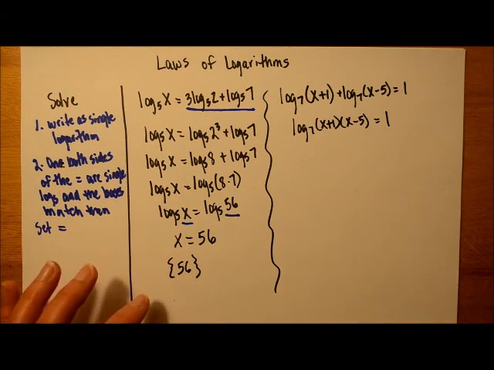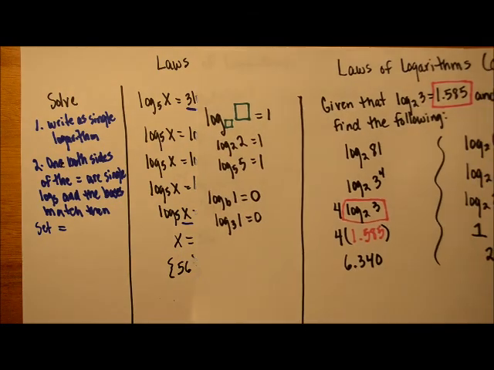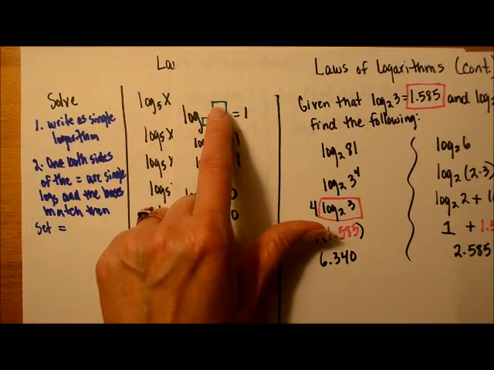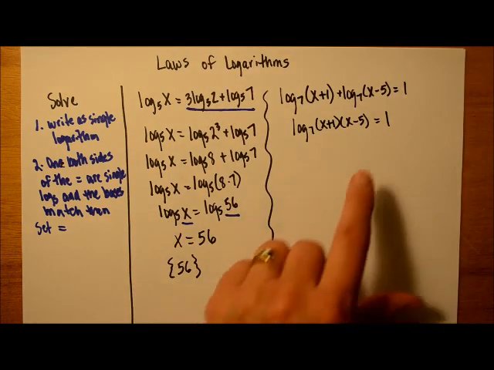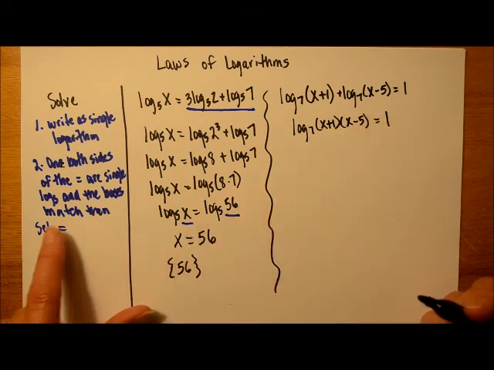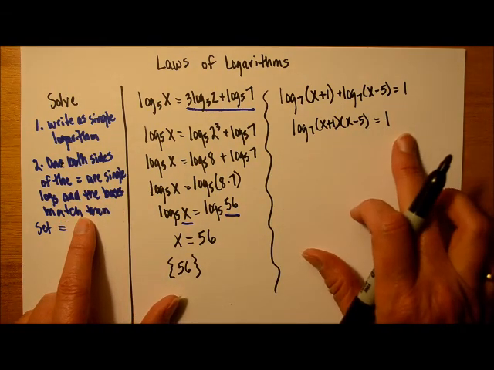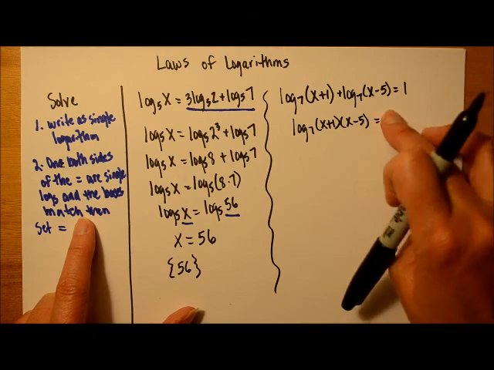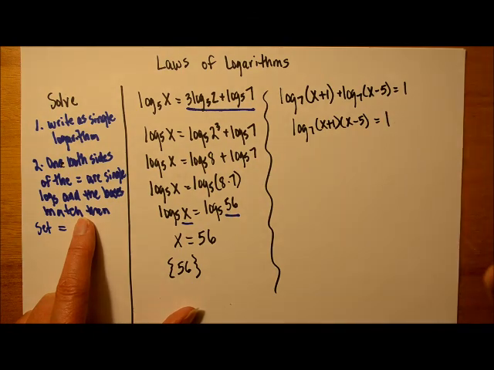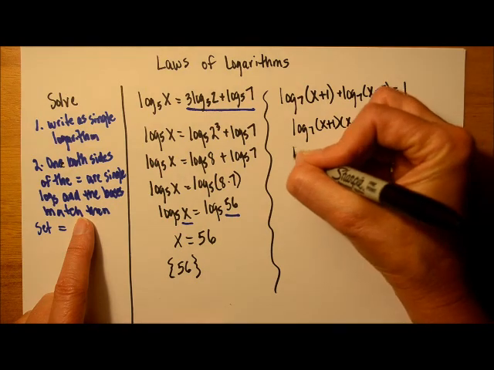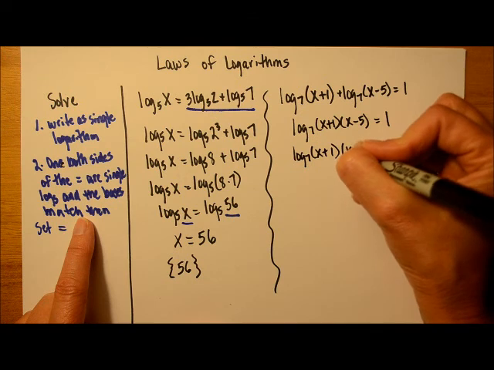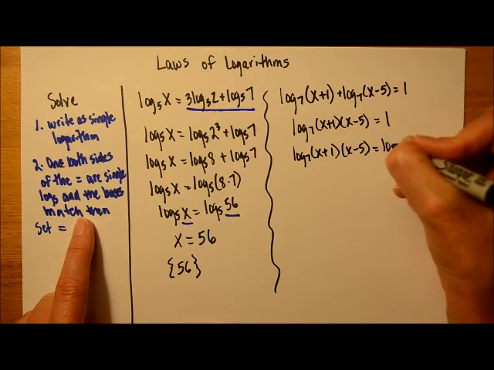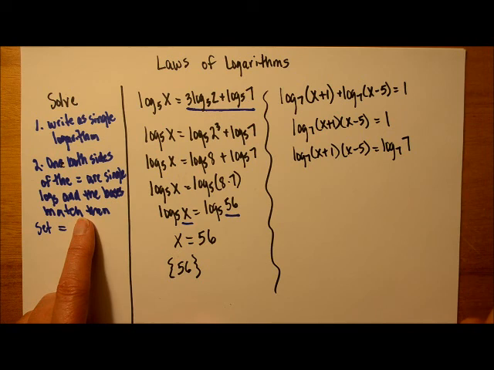I told you, though, and I'm going to bring back in some old notes here, that when these match, it equals 1. Well, right here I have a 1, but I need the bases to match here on my logs. So I'm going to switch this 1 to a log base 7 so that they match. So what I'll have is log base 7 of x plus 1 times x minus 5 equals log base 7 of 7.